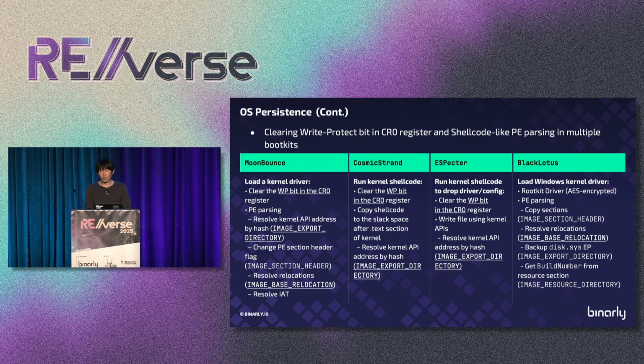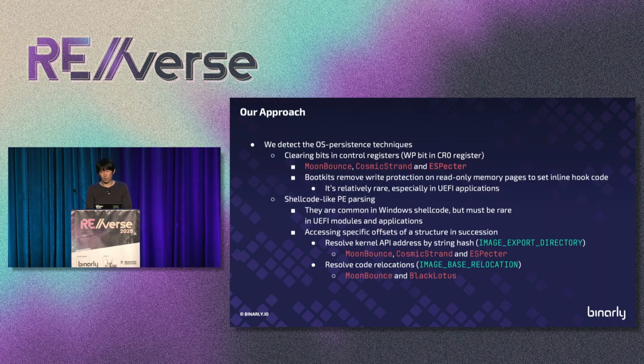Why is the behavior good for detection? Because bootkits often remove write protection on read-only memory pages to set inline hook code or modify PE header values such as entry point and section permission. This behavior is rare in UEFI applications.